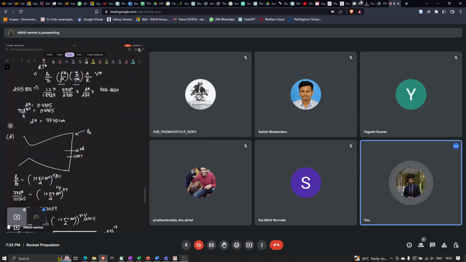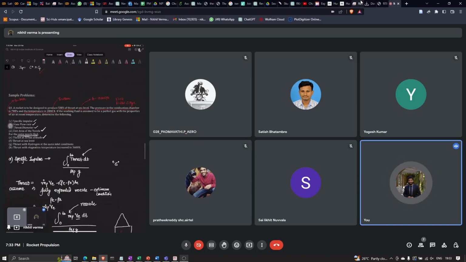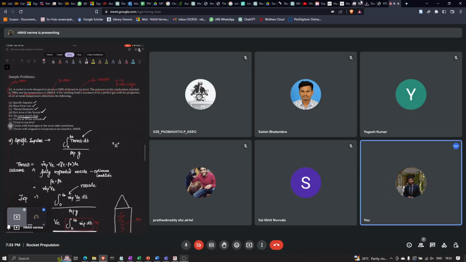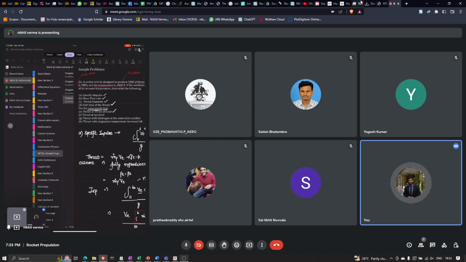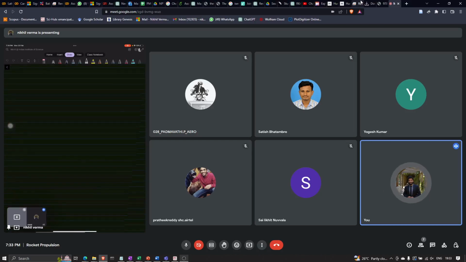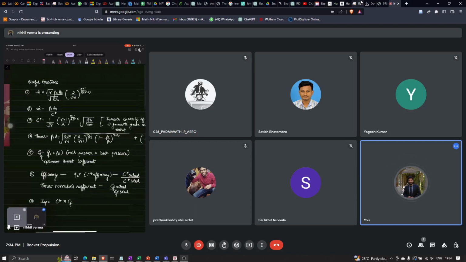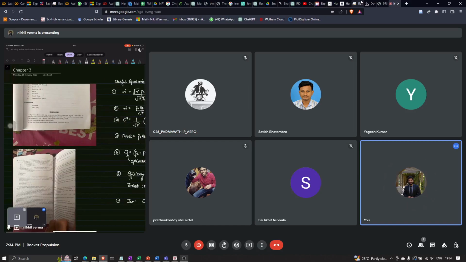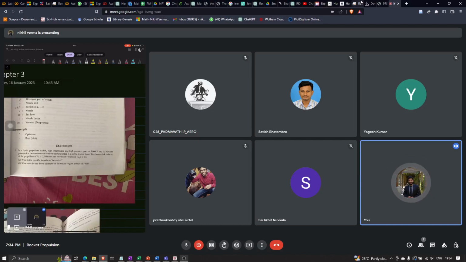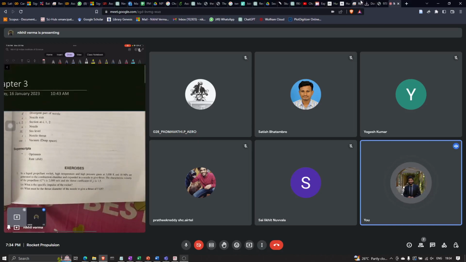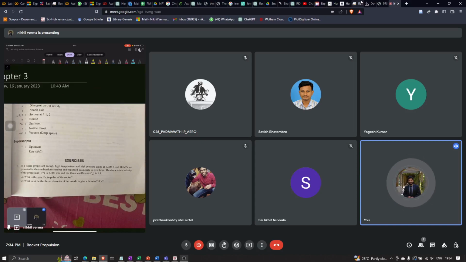Okay. So with this, you can calculate what is the thrust at the nozzle exit. So let us move to the other problem where I have taken a problem from Ramamurthy sir's book. So it is as follows: in a rocket propellant, high temperature and high pressure gases are at 3000 Kelvin, and the pressure is given.